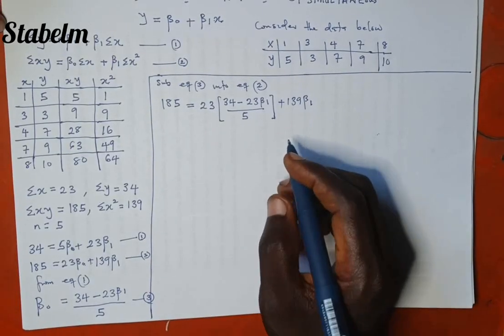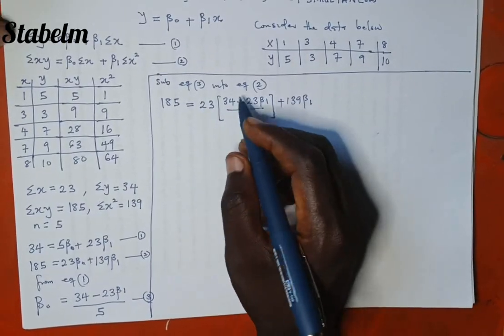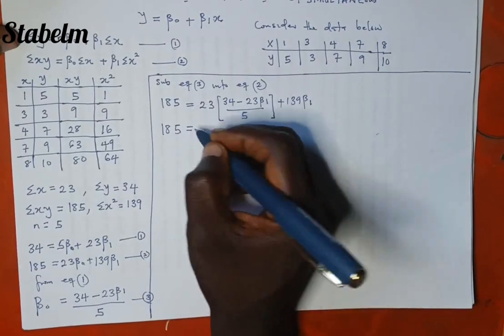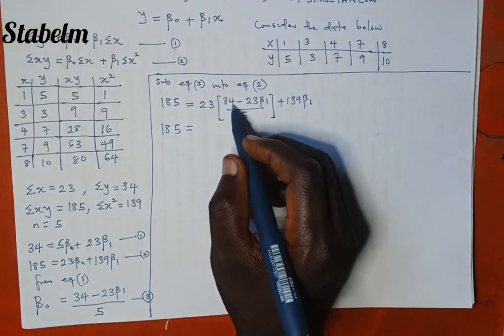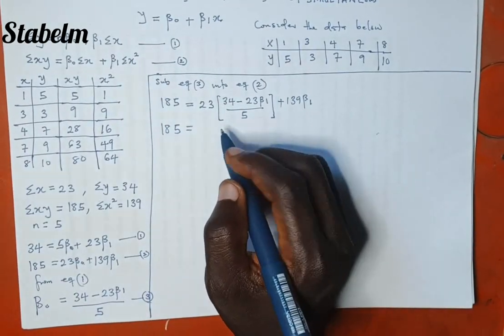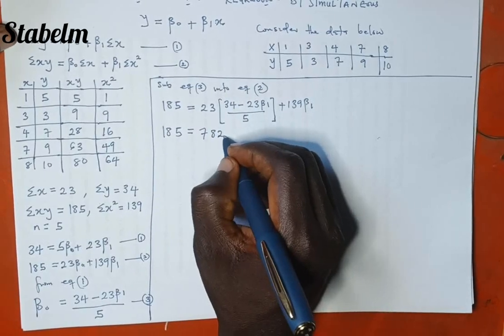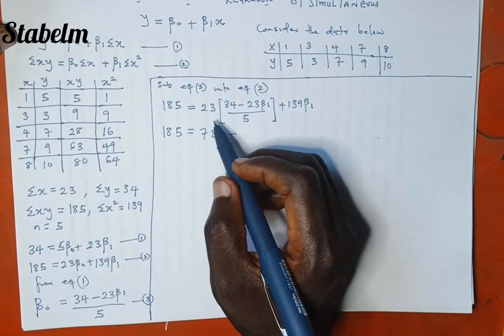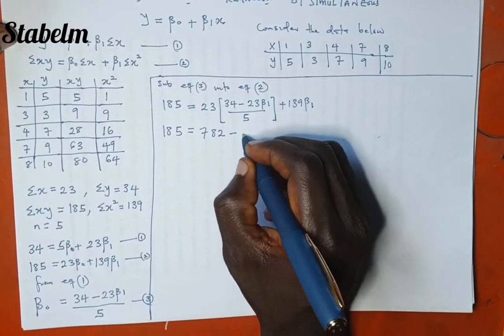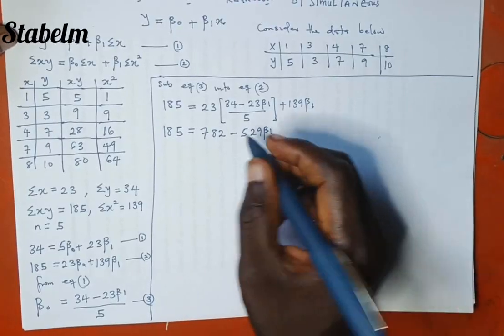So what do we do? We can open this bracket with this 23. Therefore we have 185 equals 23 multiplied by 34. If you press your calculator, that is 782, minus 23 multiplied by 23, which is 529 beta 1.